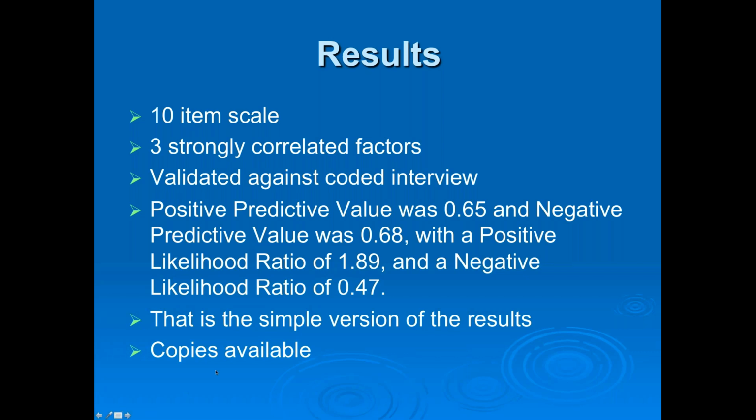And for those of you who are into scale construction, on the screen are the ways in which you assess how good a scale this was: about a 0.65 positive predictive value and a 0.68 negative predictive value.